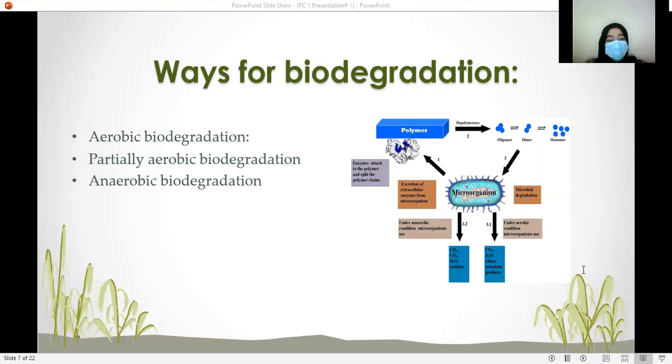If we talk about aerobic biodegradation, which is also known as aerobic respiration, it is the most important part of natural reduction of contaminants in many hazardous waste sites. Aerobic microbes use oxygen as an electron acceptor and break down organic chemicals into smaller organic compounds with carbon dioxide and water as a byproduct. In partially aerobic biodegradation, this uses less oxygen and it produces more bioproduct along with water and carbon dioxide.